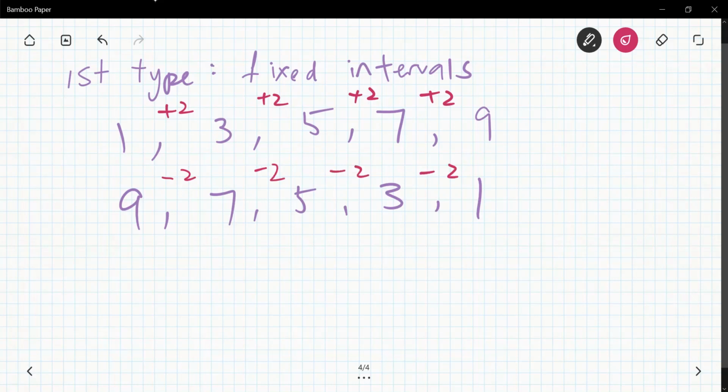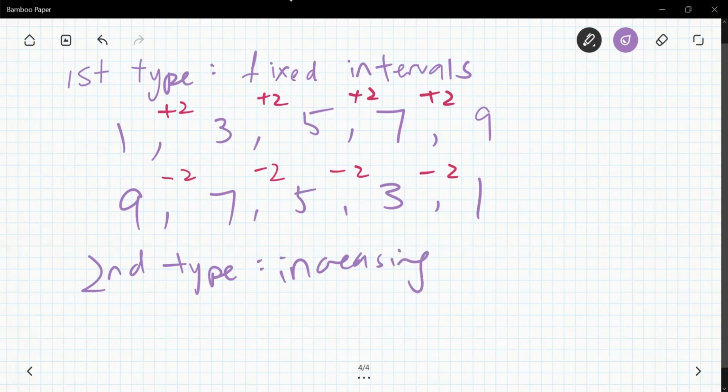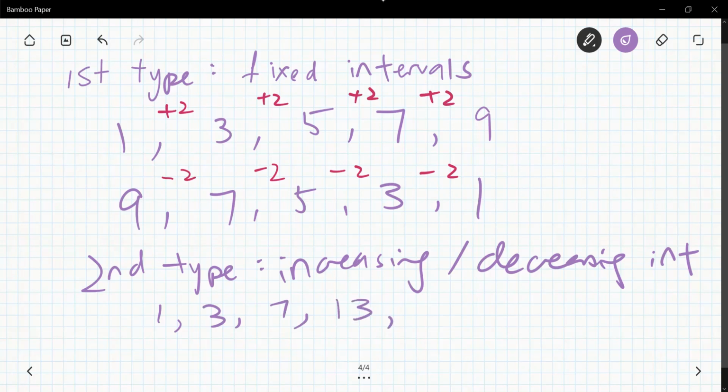The second type is what you call the increasing, decreasing intervals. What I mean by that is, for example, 1, 3, 7, 13, and 21.